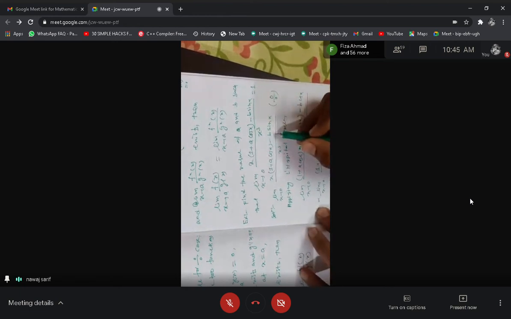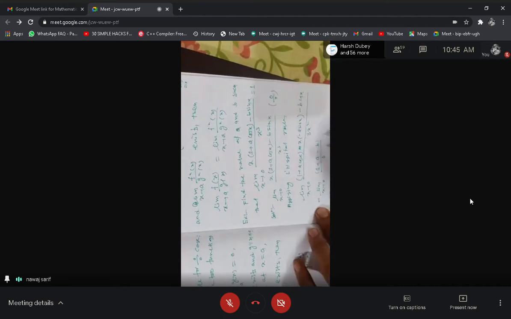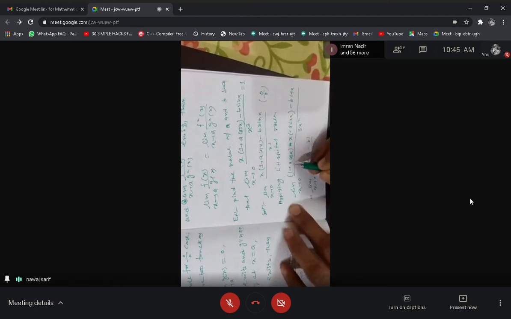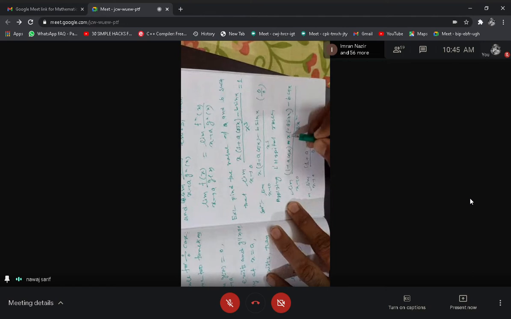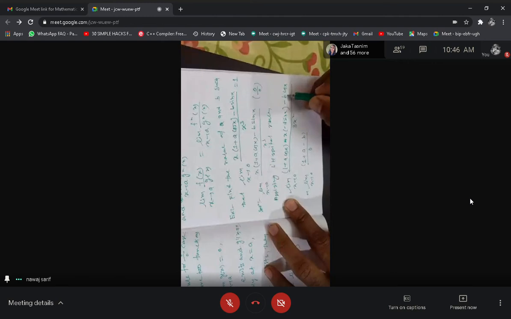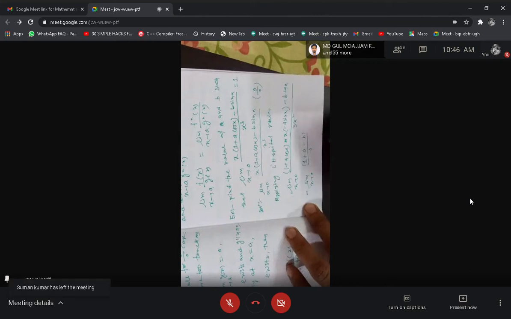And derivative of b sin x is b cos x. And derivative of x cube is 3x square. Then apply limit. Then what will be the limit of numerator? Numerator is 1 plus a minus b. But in the denominator, this is 0. So what happened?